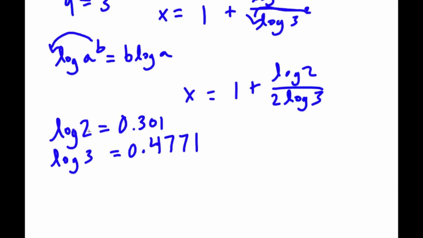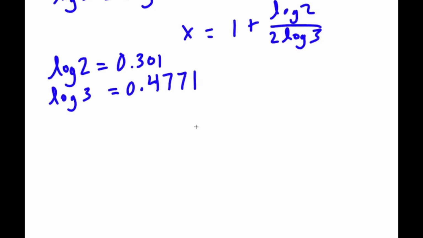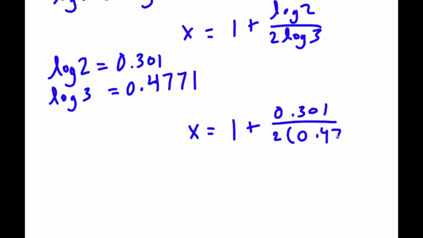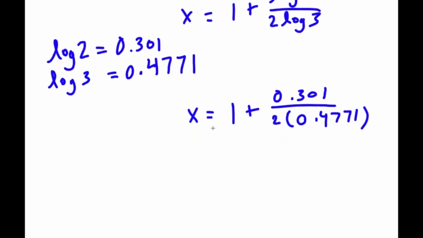So now if I substitute log 2 and log 3 into our equation, I get x is equal to 1 plus 0.301 over 2 times log 3. Log 3 is equal to 0.4771, so I have 2 times 0.4771. So now I have x is equal to 1 plus 0.301 over 2 times 0.4771.